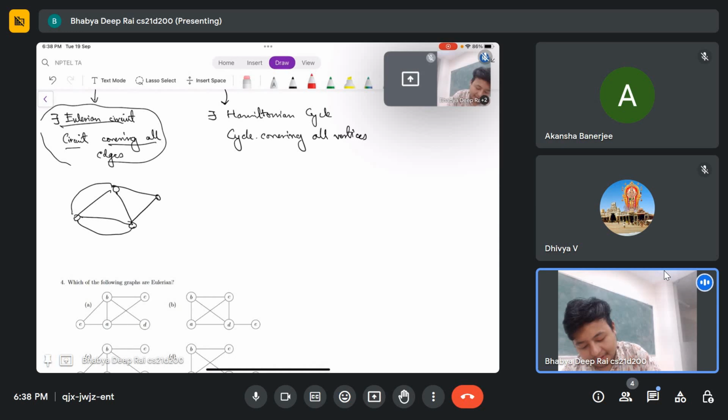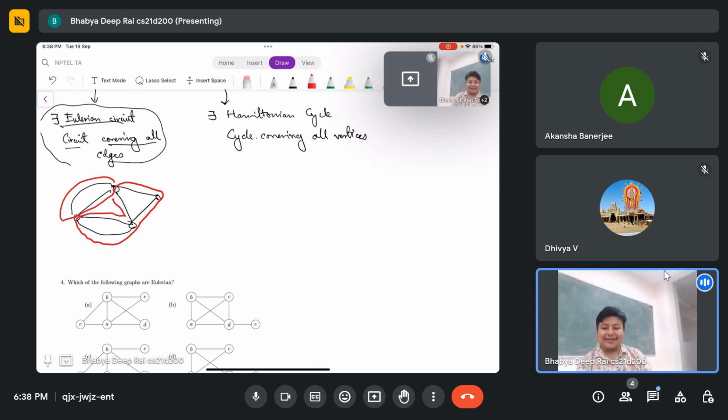I can do this, this, this, without repeating any edges. I can go here to here, here to here. Then I go here, here, here, here, and here.